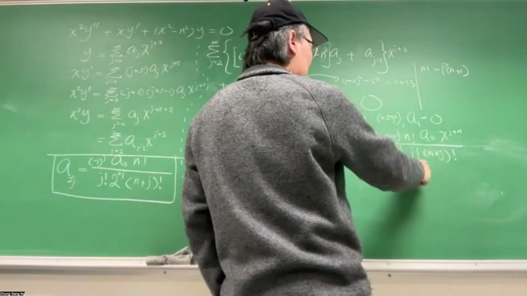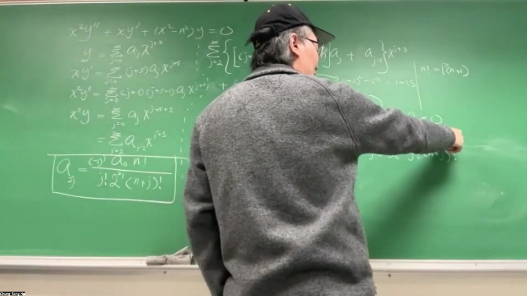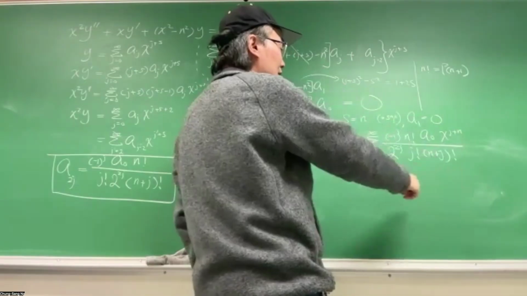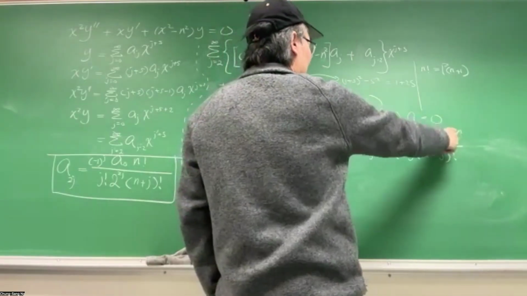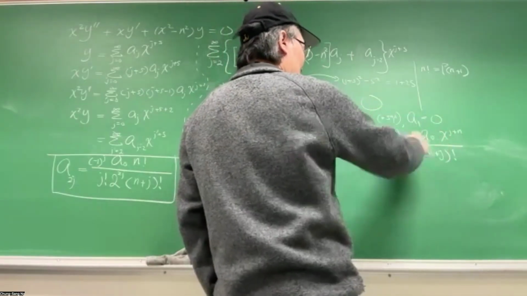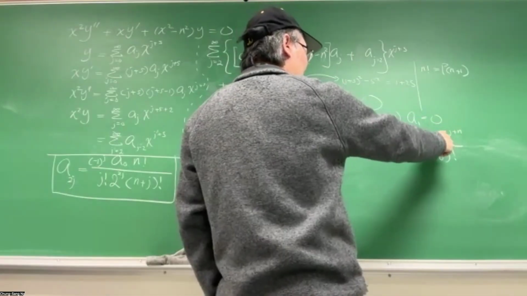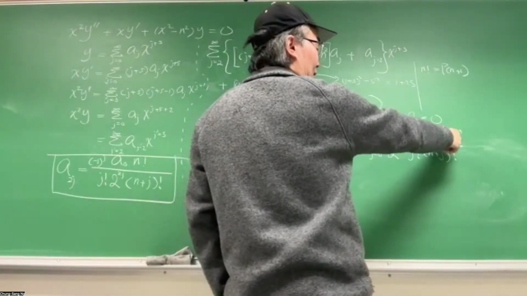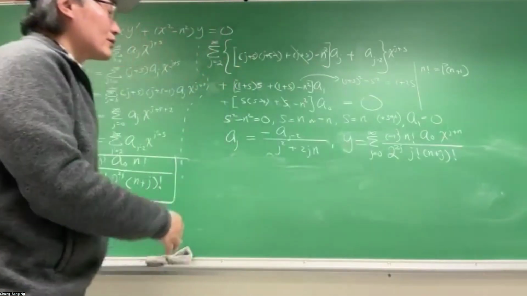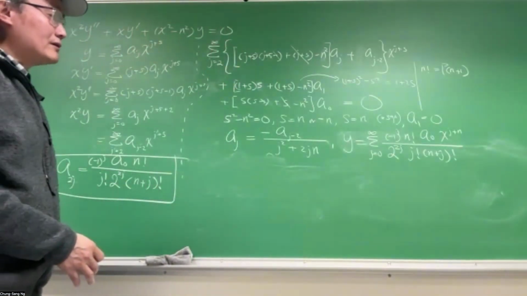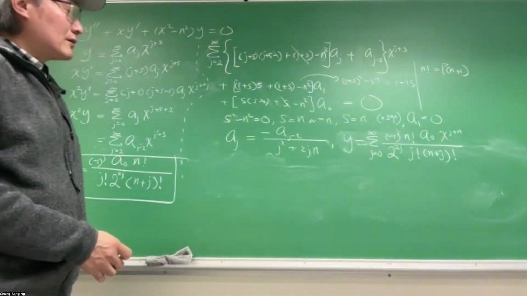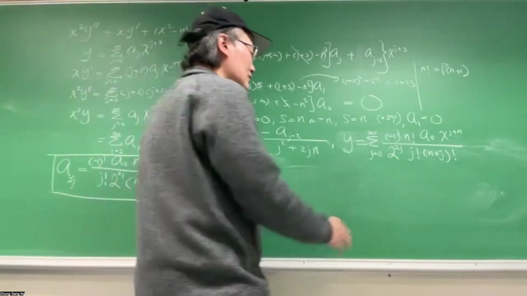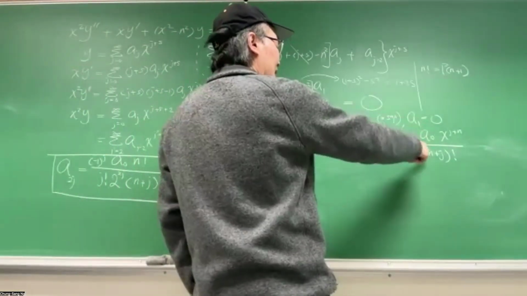Then you will actually get two solutions, because if it's real, that real number can be positive or negative. If it is positive, then because j starts from 0, you start with x to the n power, positive power, and so on. So that is fine. It's regular near the origin.